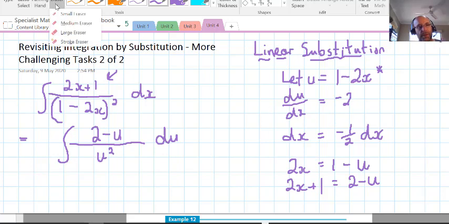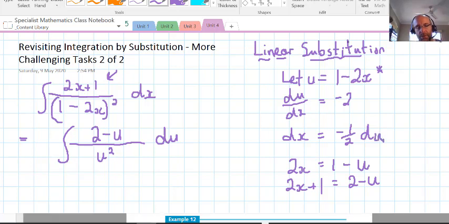Have you seen it? Maybe you saw it before. It's on this line here, so that dx, that should have been a u, dear oh dear. Wow, it happens. So to replace dx, we must in fact not replace it directly with du, we have to replace it with negative a half of du. So we could put that negative a half out here if we like, and that's what we're going to do.